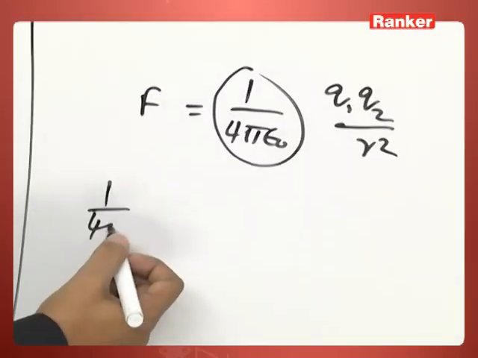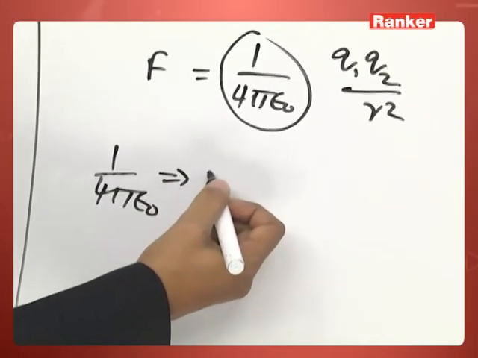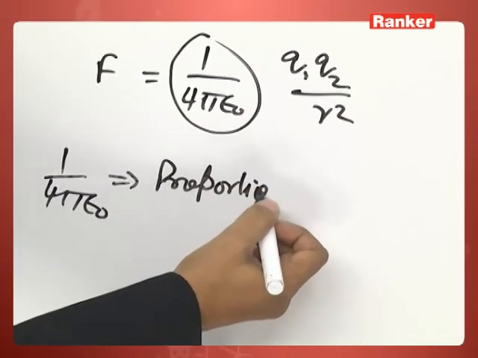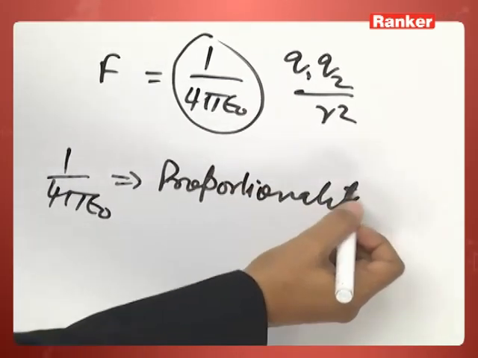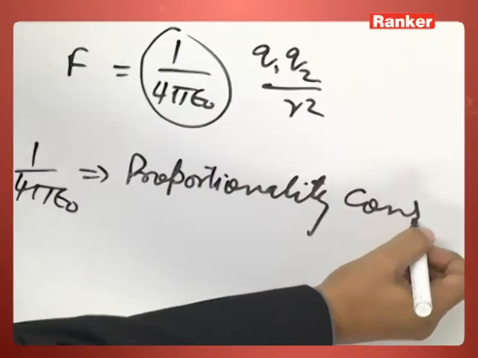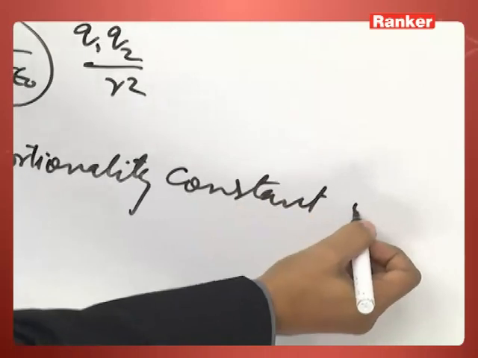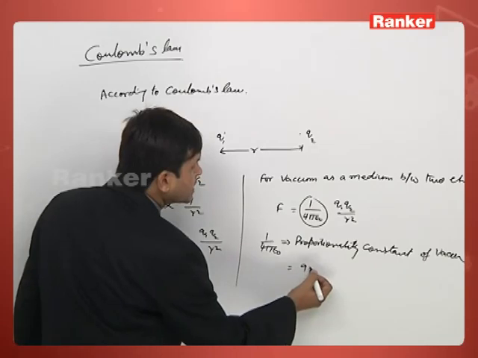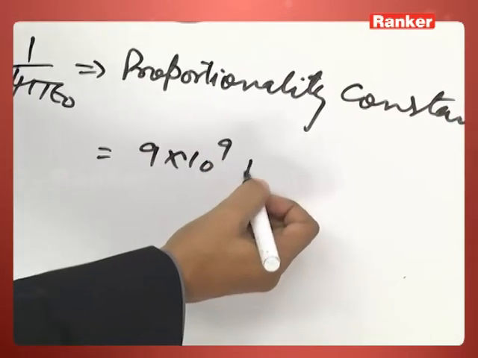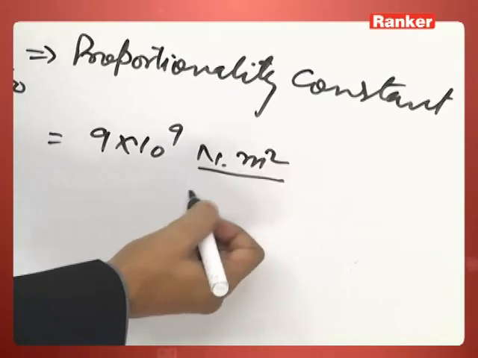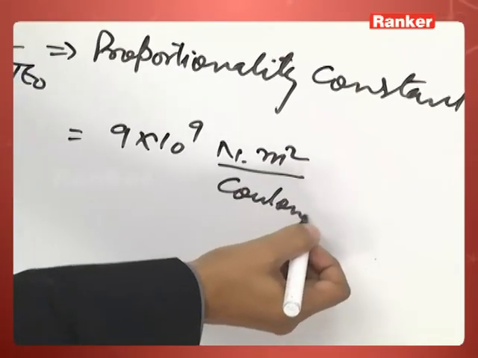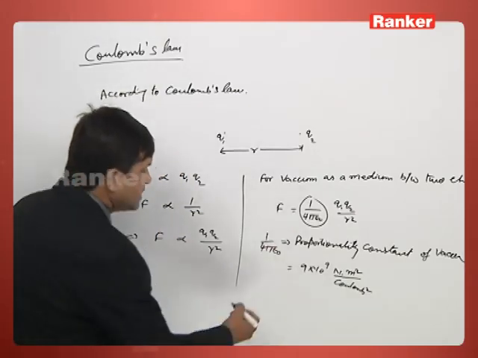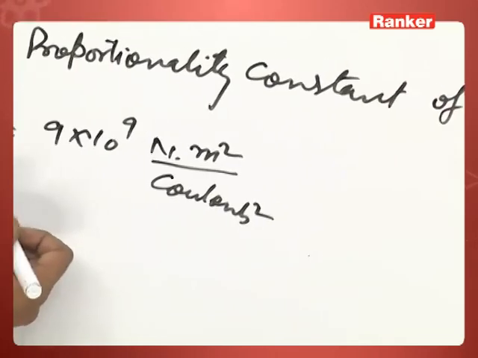So 1 by 4 pi epsilon naught is the proportionality constant of vacuum, and its value is given as 9 into 10 power 9 Newton meter square by Coulomb square, where epsilon naught is the new term which we have introduced here.